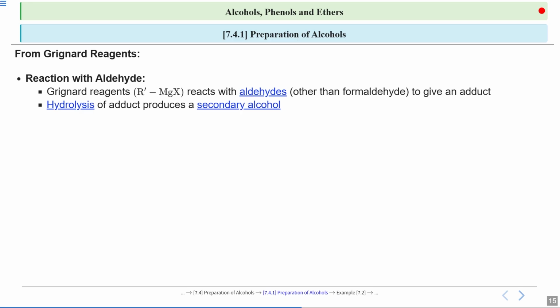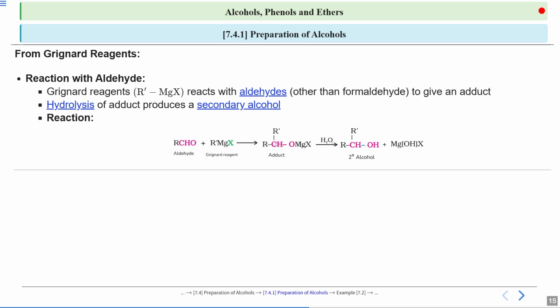So what does it mean? It means that the only aldehyde which is going to give us a primary alcohol after the reaction with Grignard reagent is formaldehyde. All other aldehydes are going to give us a secondary alcohol after reacting with Grignard reagent.